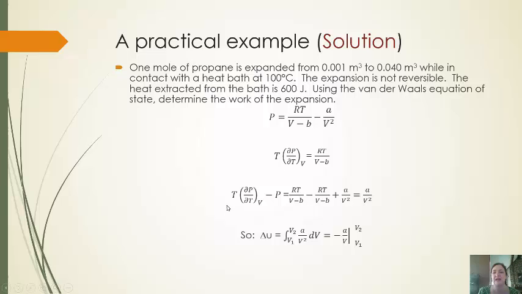Take that and subtract P. Well, again, P is this expression right here. So RT over V minus B minus RT over V minus B minus negative A over V squared. So I end up with plus A over V squared.